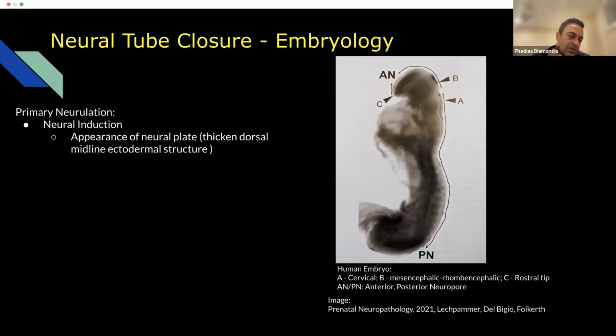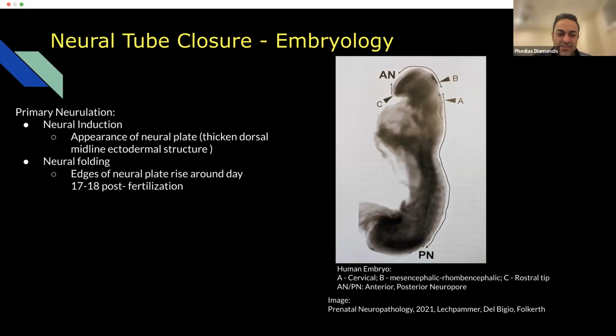So again, neural induction: you have these neural plates, which are basically thickened dorsal midline ectoderm structures, through inhibition of BMP through the release of certain substances from the notochord, like noggin and other secreted molecules that signal the ectoderm to become neuroectoderm. This again leads to what are called neural folds. These will fuse in the midline and usually occurs in the second to third week of fertilization.